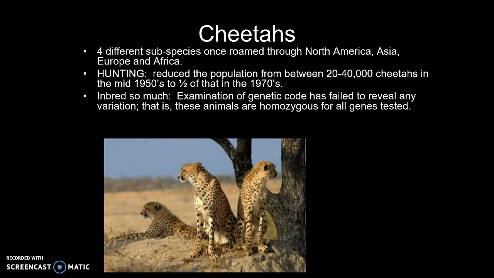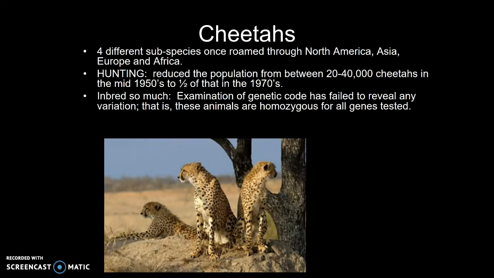All right, we also see a similar situation with the cheetahs. There were 4 different subspecies of cheetahs that once roamed North America, Asia, Europe, and Africa. But again, due to hunting, we took the population and decreased them drastically. And so now we've spent some time putting them on wildlife preserves over in Africa.